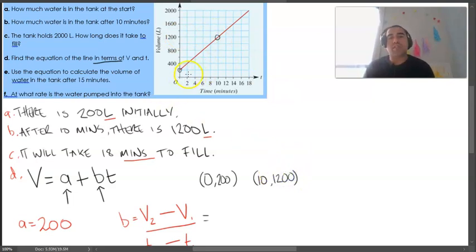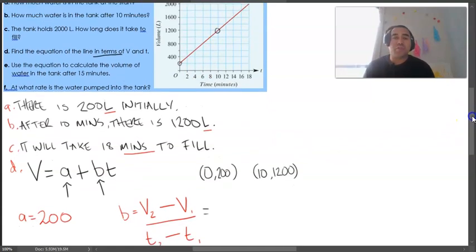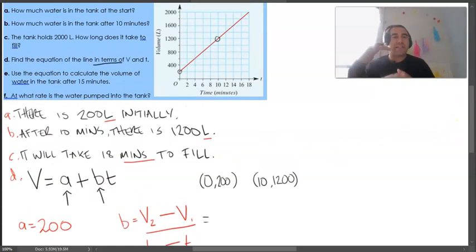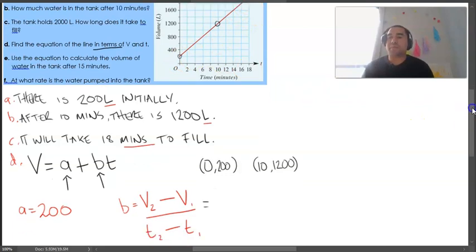It does not matter what two points you use, as long as they are on that line, because if you use any two points, you will always end up getting the same gradient, assuming that you use the correct points within that line. Here we can visibly see that the line is going up really consistently and it's hitting every single blue line intersection. So I can use any two points within that line. I can use those two, that one and that one, it does not matter, okay?